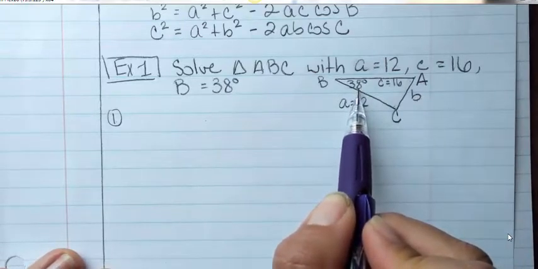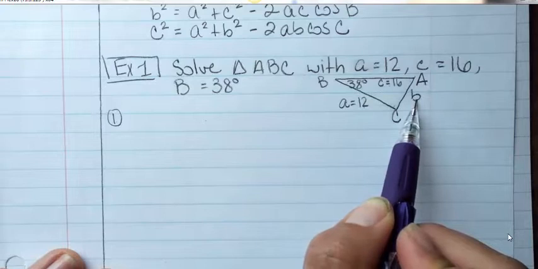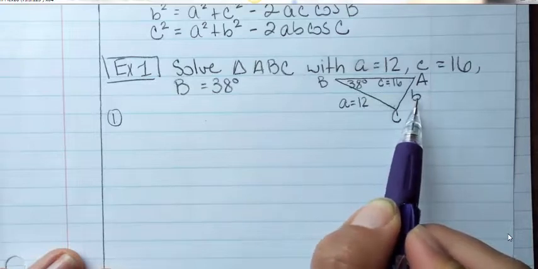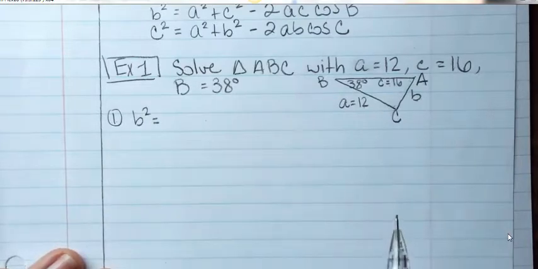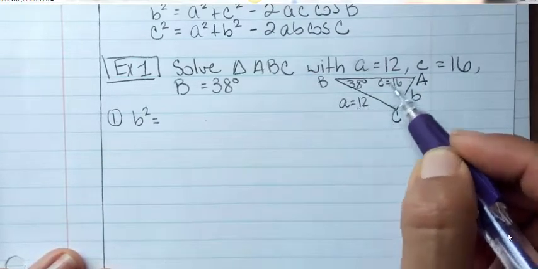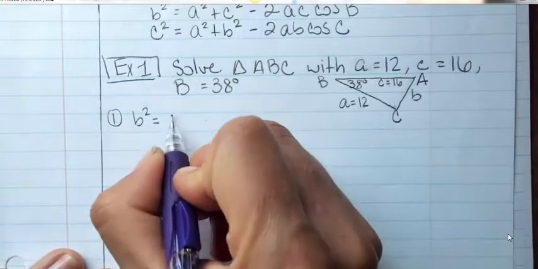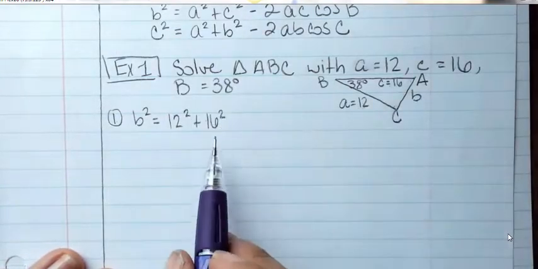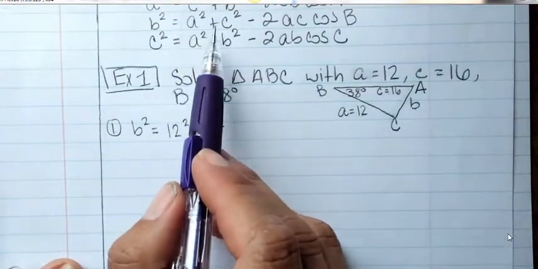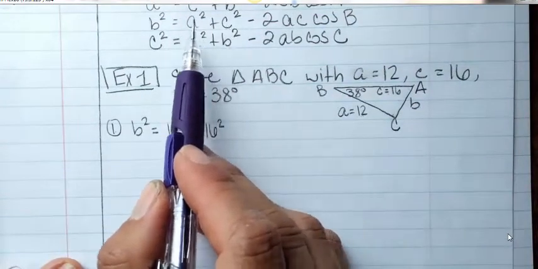So I'm basically going to say to myself, well, let me start with this side because that's what I want to find out. So that'll be my B squared equals, and then I take the other two sides, right? So 12 squared plus 16 squared. Just imagine you're following this one right here, but really, any of them work.